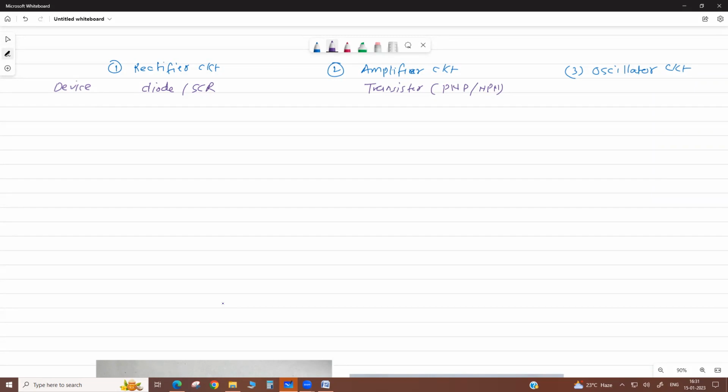So capacitor, inductor, oscillatory circuits are there. That is called an RF circuit, radio frequency. But often we use an operational amplifier.